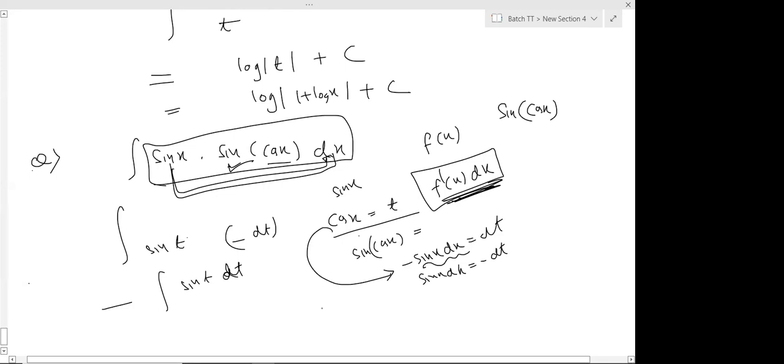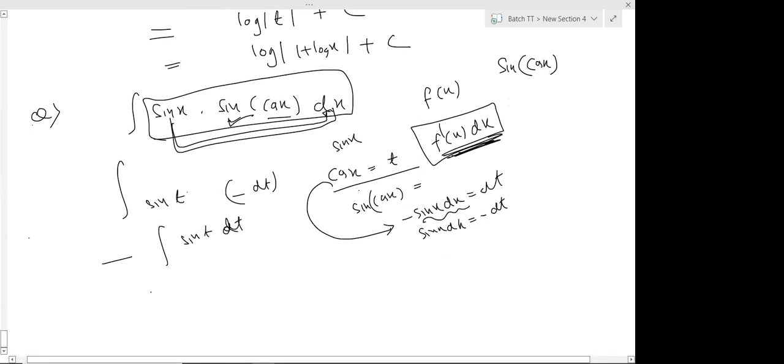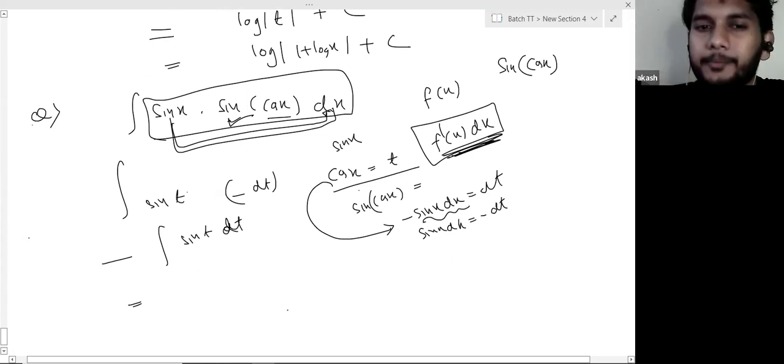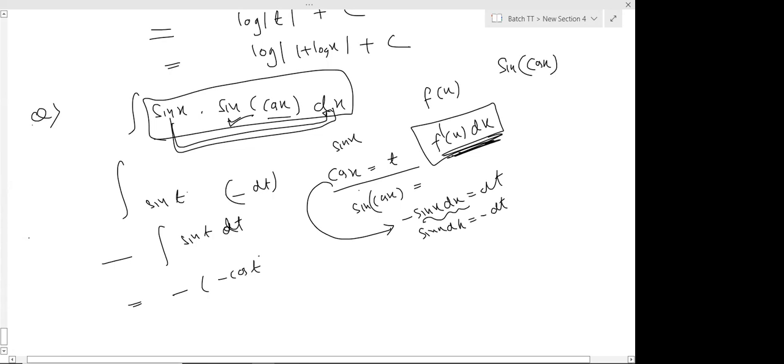All right. Yes, sir. All right. Jiva, clear till now? Yes, sir. All right. So what is the integration of sin t? Cos t. Think again. Minus cos t. Yes, sir.